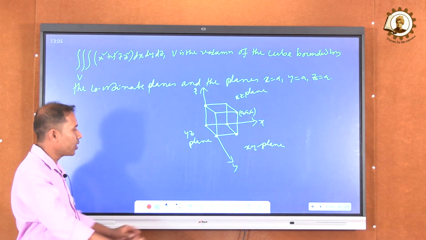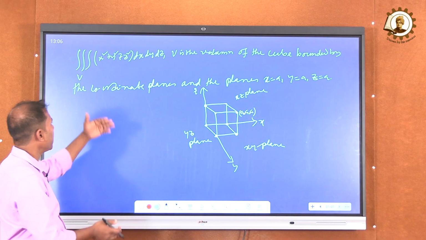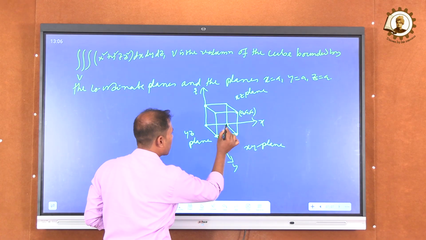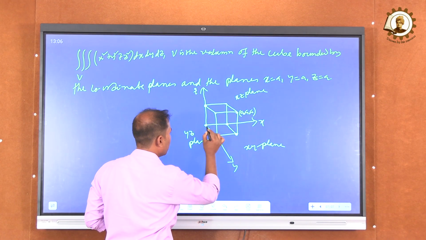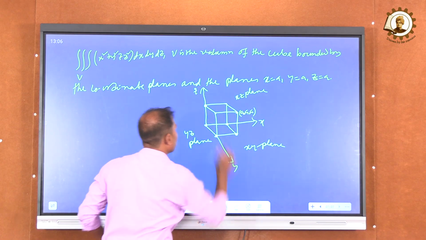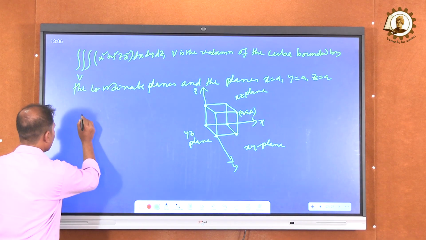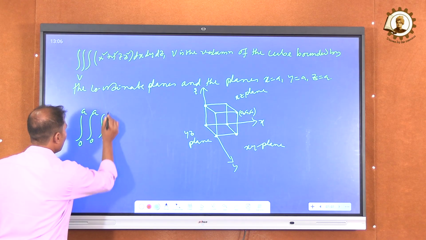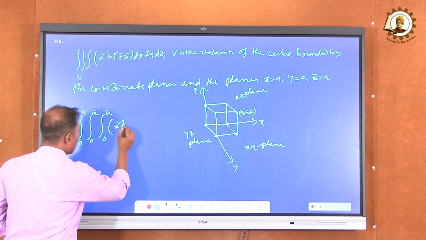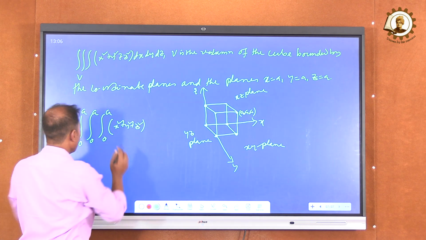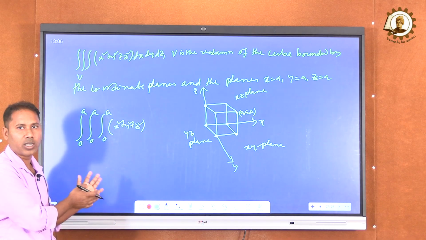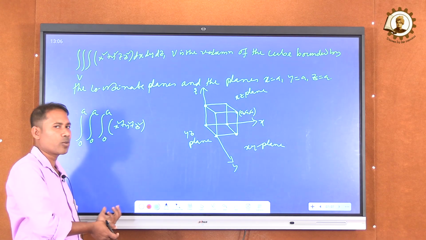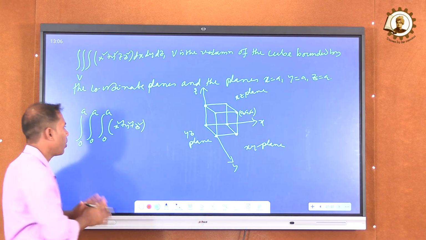So I think it is clear the limits of the integration are 0 to a for x, 0 to a for y, and 0 to a for z. Since all limits are constant, we can integrate with respect to x, y or z, whatever.